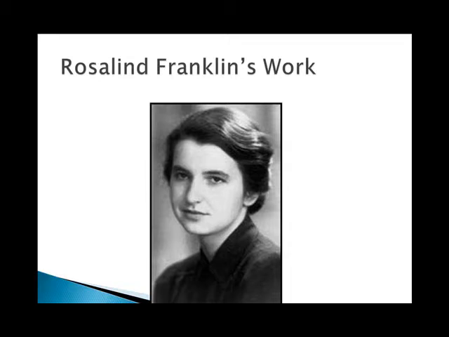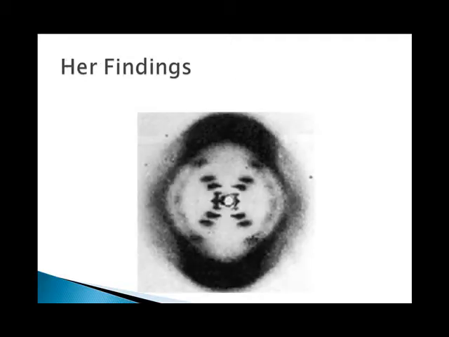And so she broke the ground on the structure of DNA. Her findings were this image right here. This is the classic DNA image. This showed that DNA is a long, thin molecule with a uniform diameter because it's not wobbling all over the place, and that it's helical.